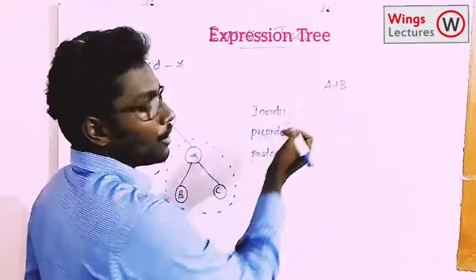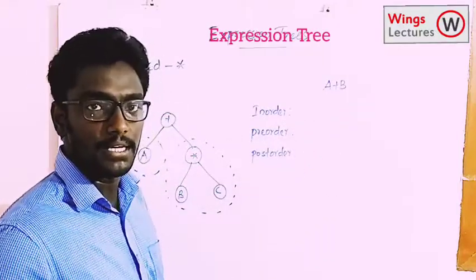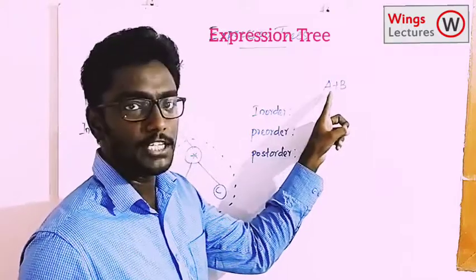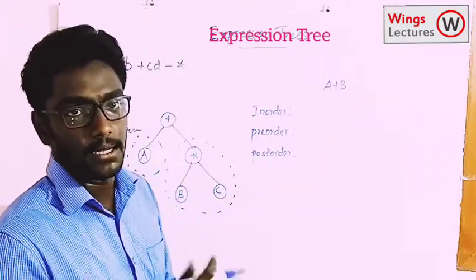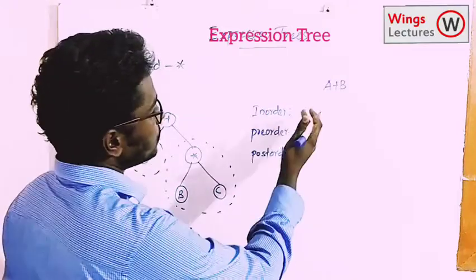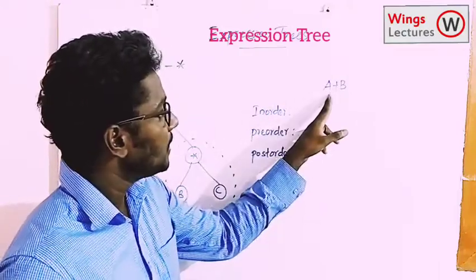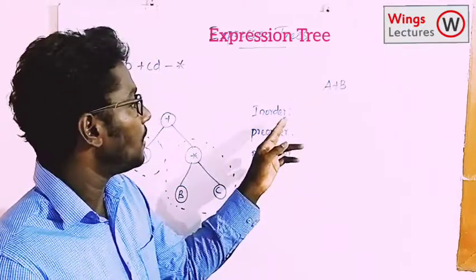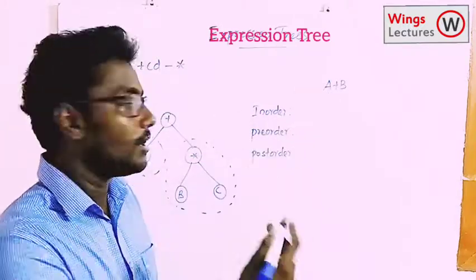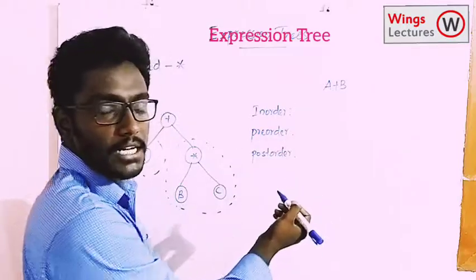For the stack method, we need to convert this expression into postfix. Okay, then only we can use the stack method, right? And before that, let me explain how to convert the given expression into the three traversal methods.